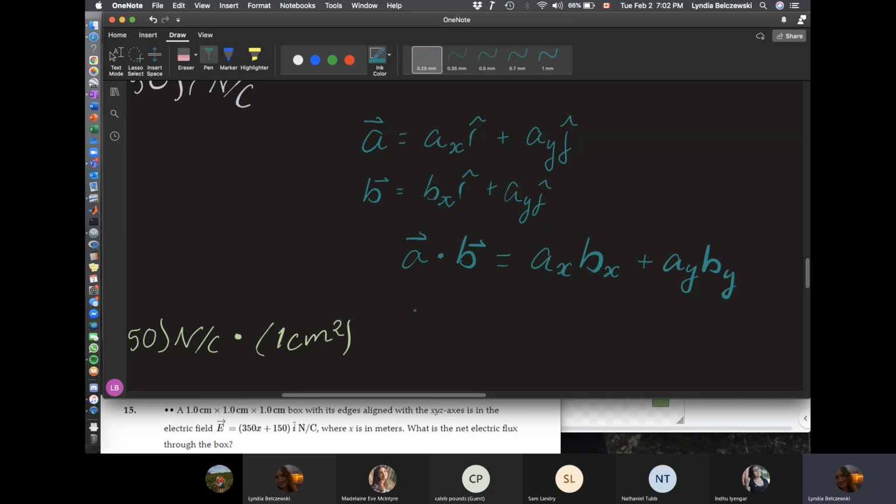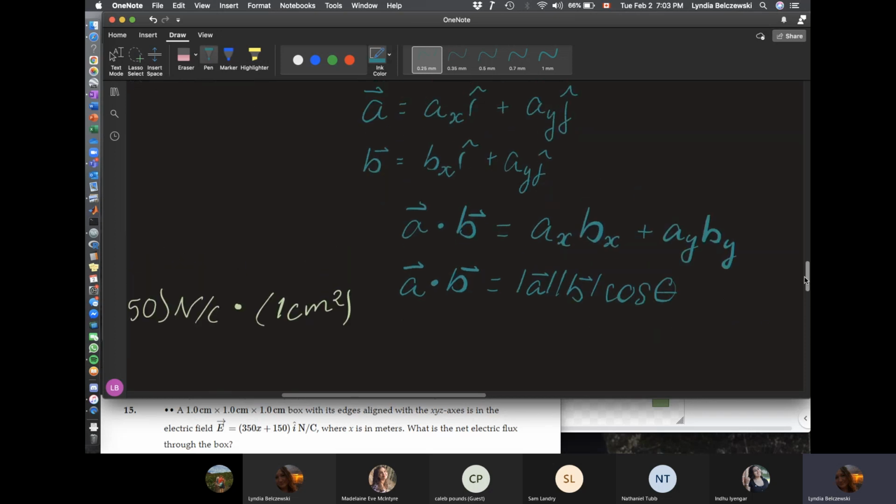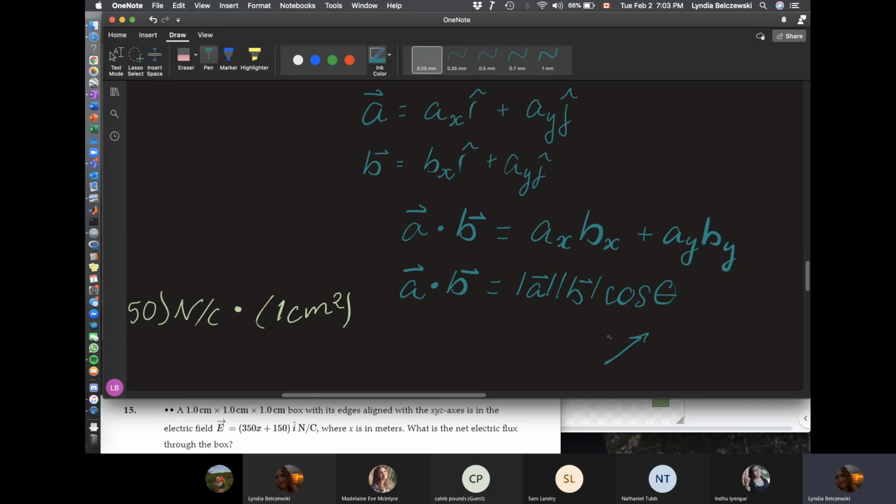Another way of calculating a dot product, which is equivalent but a different formula, is to multiply the magnitude of one vector times the magnitude of the second vector times the cosine of the angle between them. If this is your vector A and this is your vector B with the tails together, this would be the angle between them.